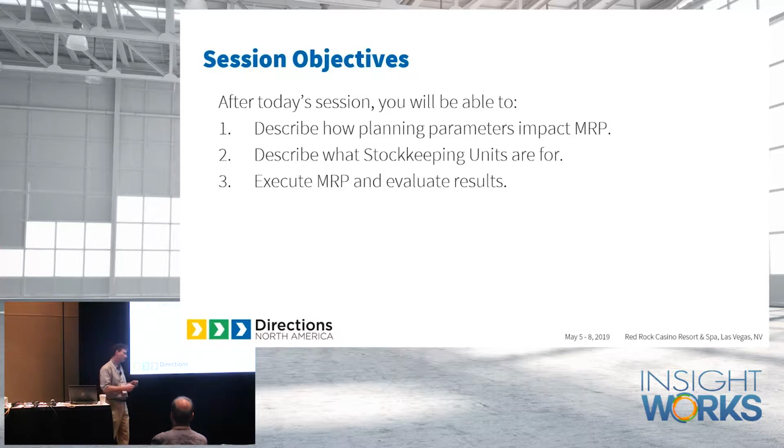The intent of this, like with the last session, is that these presentations are arranged around the questions that I get on a daily or weekly basis from partners coming in and saying, oh yeah, but can you do this, can you do that? And it all turns out to be base Nav or base Business Central configuration. So really what we're trying to cover are the things that consultants and salespeople often ask us during a sales process or implementation.